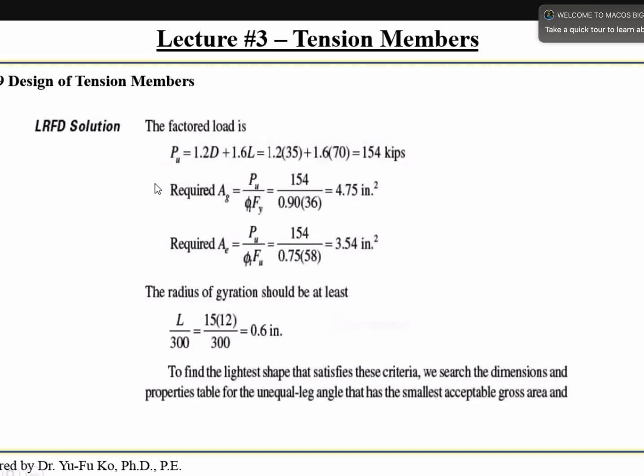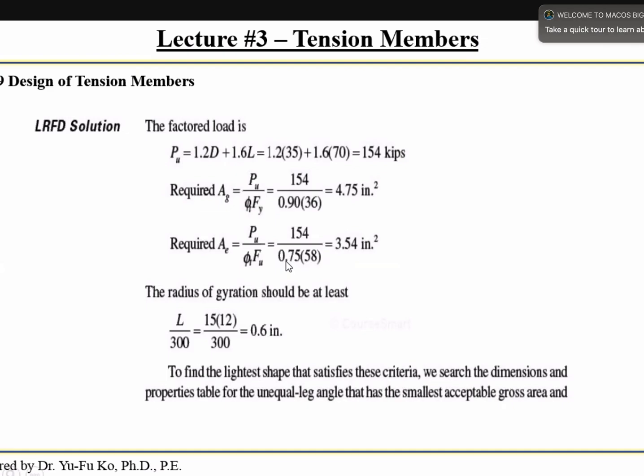So based on LRFD, the effective load is based on load combination. Your Pu is 1.2 dead plus 1.6 live. You got 154 kips. So based on yielding, you require Ag is Pu divided by φFy. So you got 4.75 inch square. As for fracture, the required effective area is Pu divided by φ times Fu.